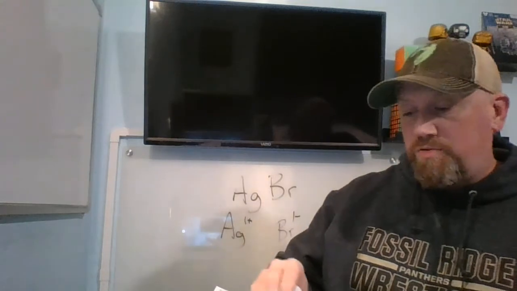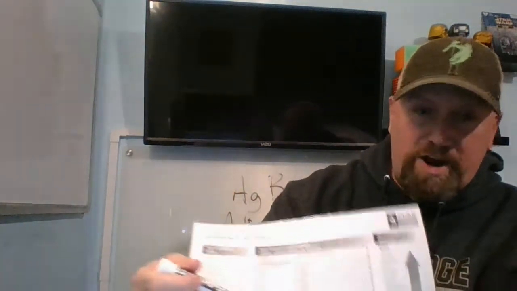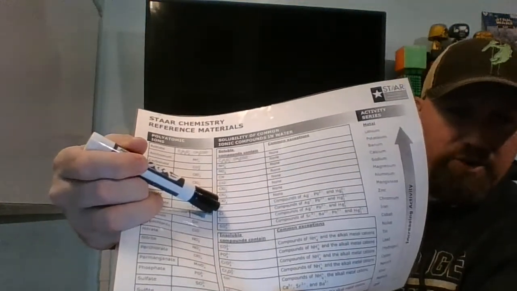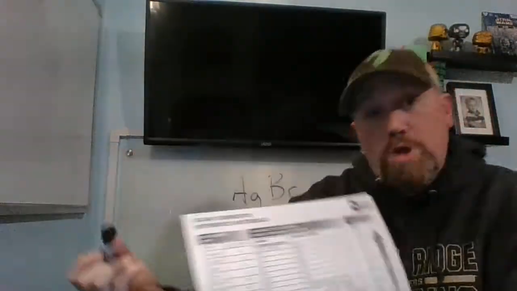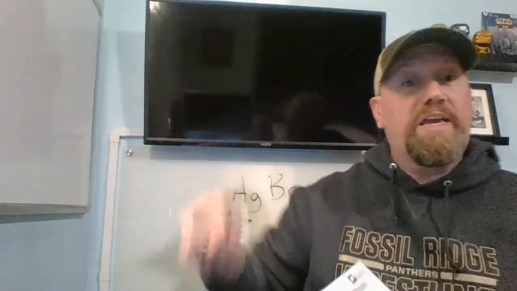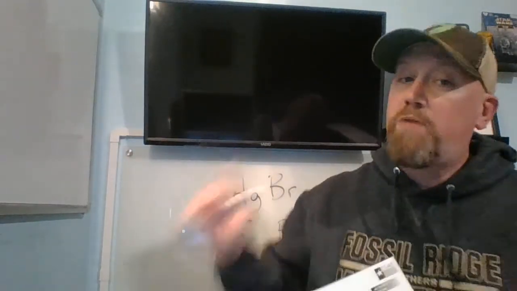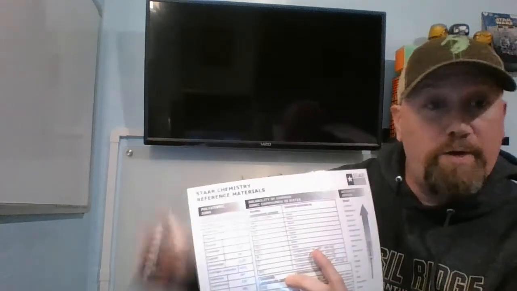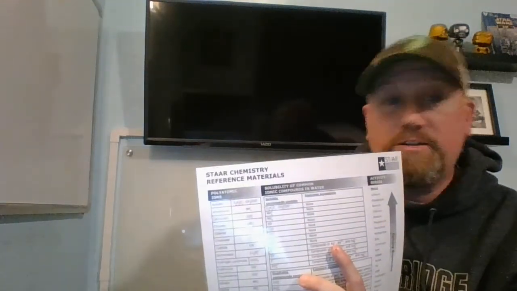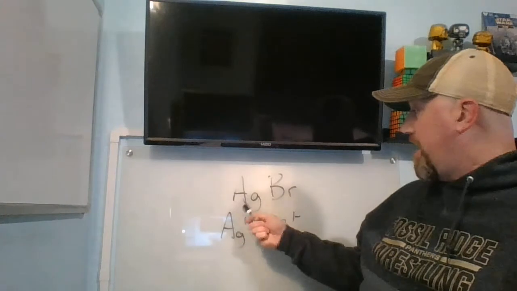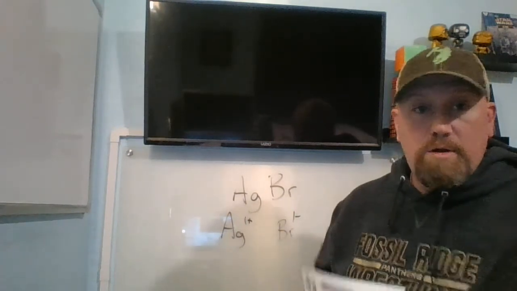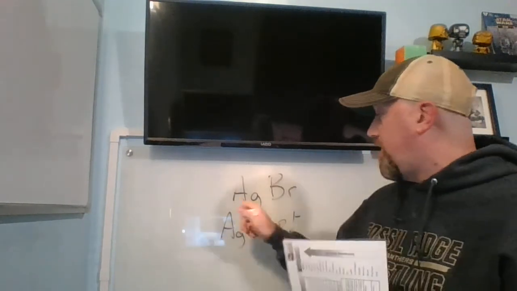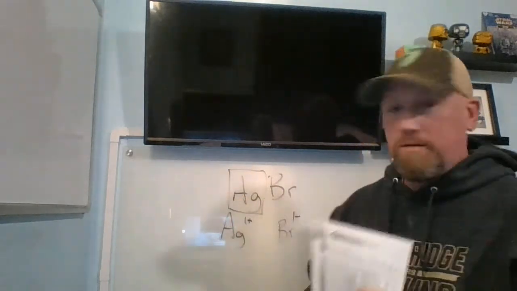When we look down the chart, we see that right here is bromine. Bromine is up here in the soluble list. So bromine is soluble, but we have to look at the exceptions. With bromine, the exceptions are compounds bonded with silver. Ag is the first one. We see here AgBr, so Ag is an exception.